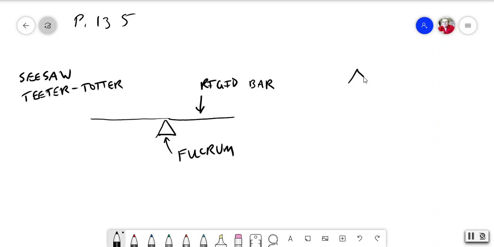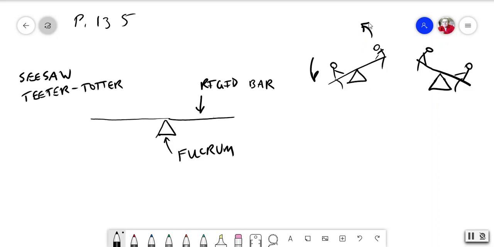And of course, the seesaw can go back and forth depending upon the forces that the kids riding on it apply to it. Not the greatest artwork in the world here, but we'll do what we can. So it goes this way, and then it goes back that way, and so forth.